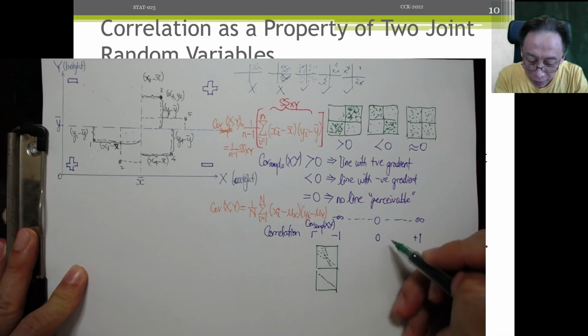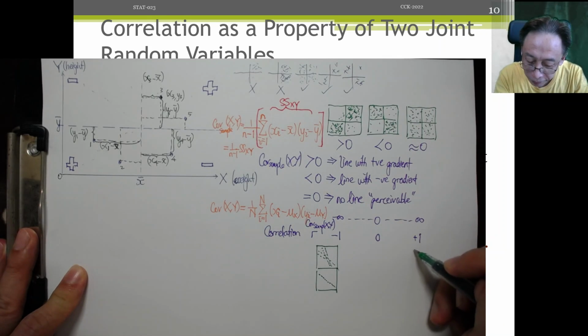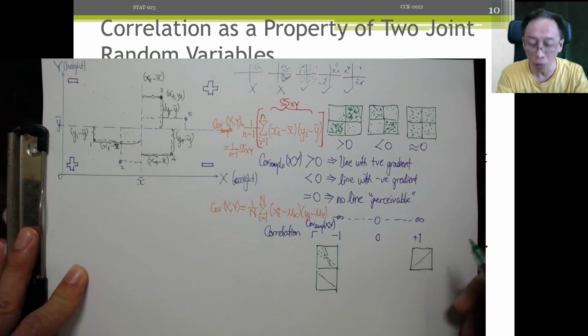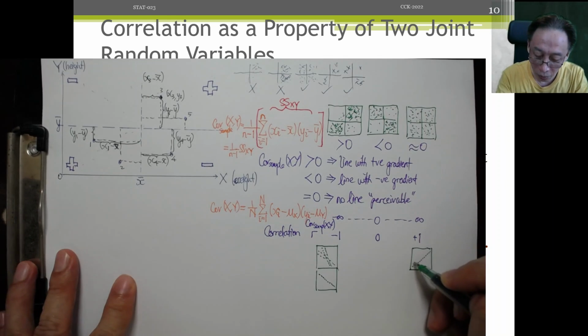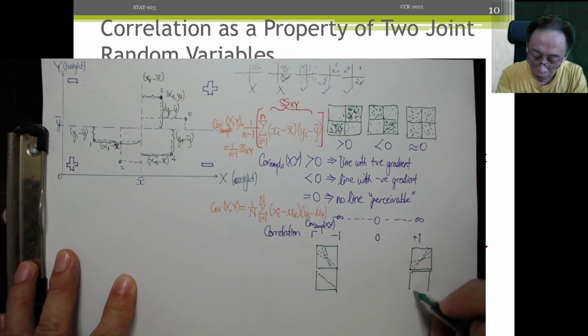If R is +1, then it is the other way around. We know that the data points all lie perfectly on a line that has a positive gradient, or this gradient, or this gradient. So let's just draw a cleaner one.